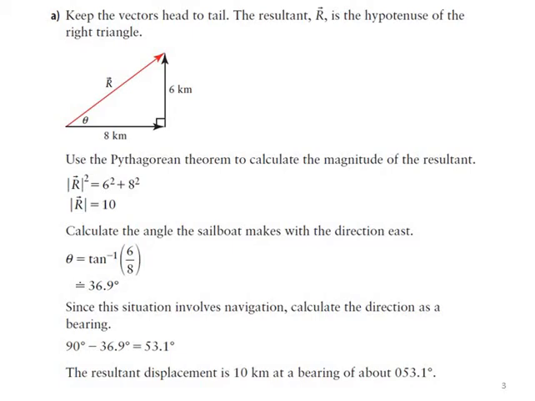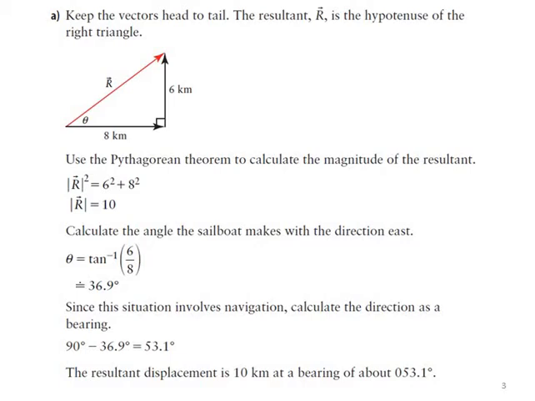Now calculate the angle of the sailboat. So theta, as you see here, tan theta is going to be opposite divided by adjacent. So we can say tan theta equals 6 over 8, or theta equals inverse tan of 6 over 8. That will give us 36.9 degrees.